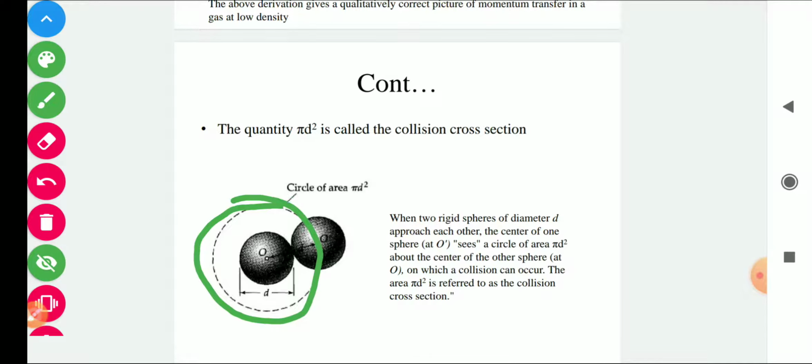When two rigid spheres of diameter d approach each other, the center of one sphere at O dash sees a circle of area pi d square around the center of the other sphere, the circle on which a collision can occur. The area pi d square is referred to as the collision cross section.